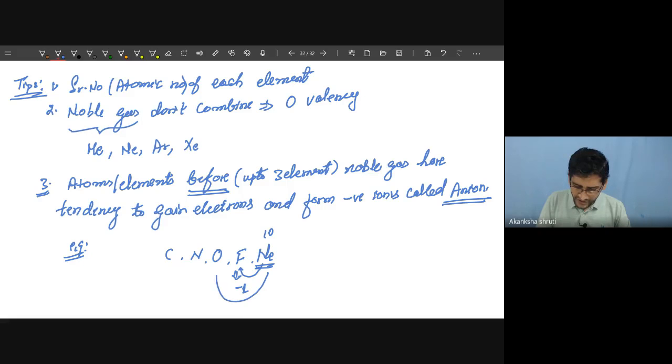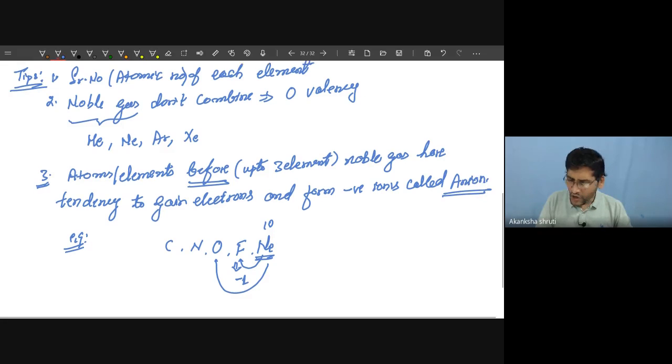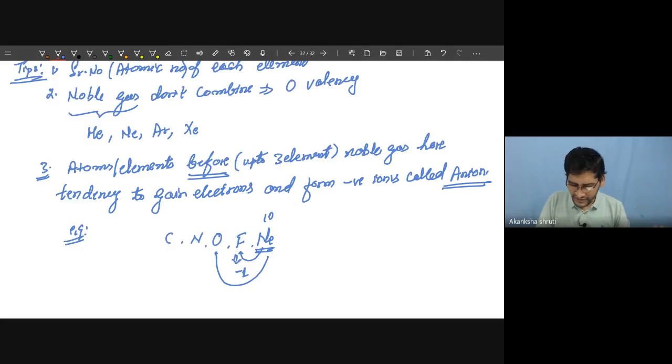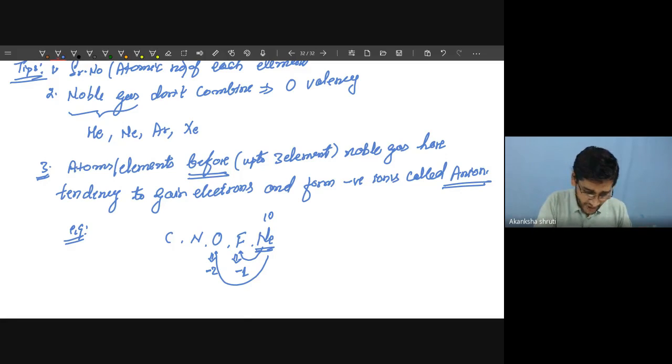Now coming to oxygen, how much back do you have to go? 2 units before neon, so its valency will be -2. Are you getting it? So this thing you have to keep in mind. This is the magical number -1, -2, because the tendency of these atoms is to become noble gas configuration by gaining electrons, so it becomes negative. How they gain this configuration, we will learn more in our next chapter.